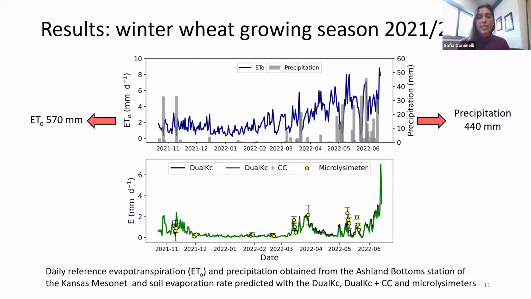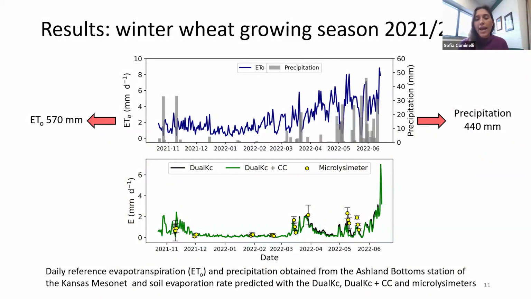Here we have a time series for winter wheat growing season 2021-2022. In the first graph, we have the reference evapotranspiration for the whole growing season, starting from mid-October until mid-June. I downloaded that reference evapotranspiration from the Kansas Mesonet, and also we have represented in bars the precipitation events that were located at the end of the growing season.